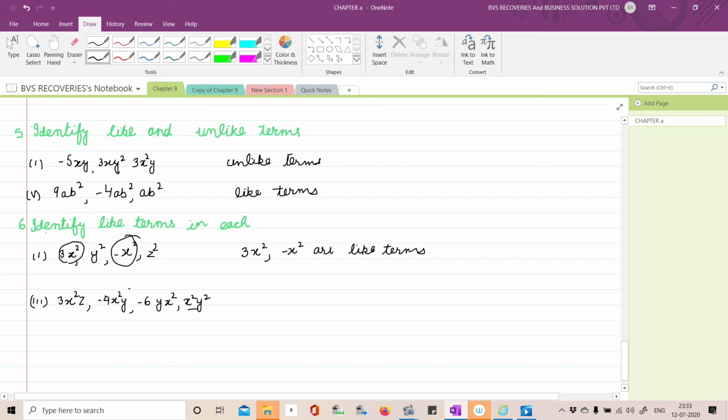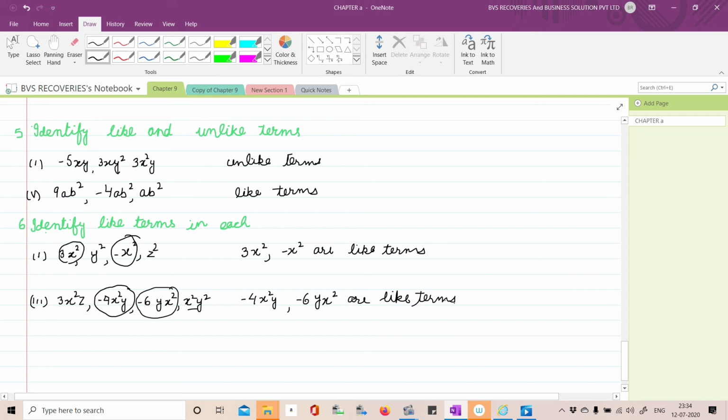So we can see that here in this minus 4x^2y and minus 6yx^2, the literal part is y and x^2, y and x^2. So these are like terms. So you can write here minus 4x^2y and minus 6yx^2 are like terms. Alright. So I hope you have understood it.